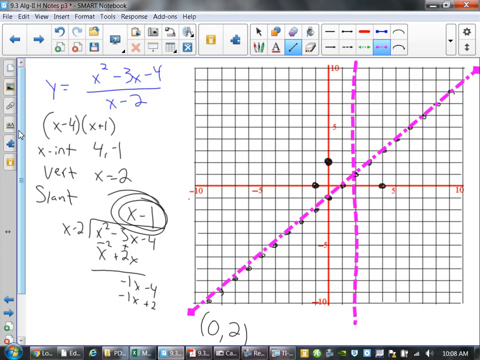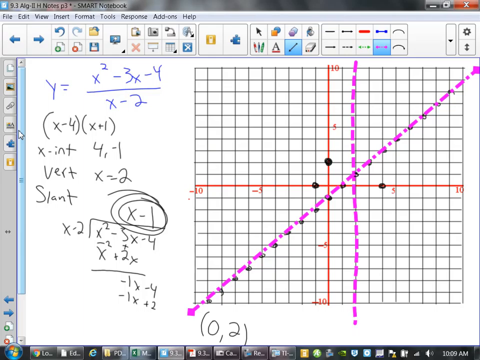We should probably pick another value on the right-hand side. 5? Okay.